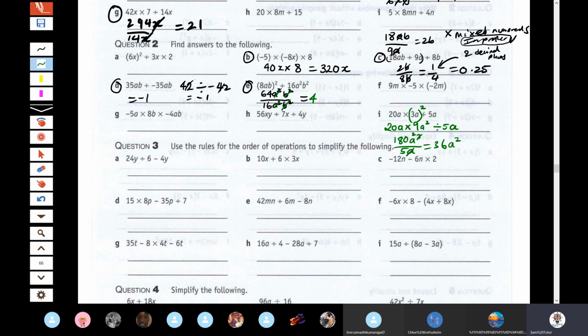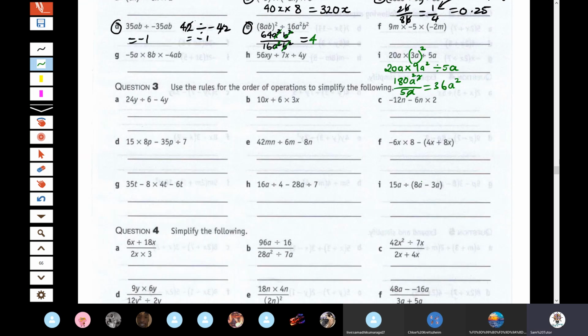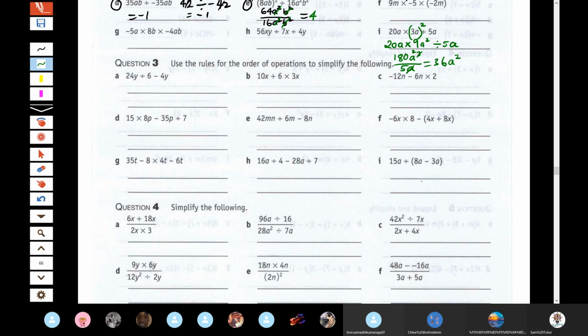Let me have a look. Use the rules for the order of operations to simplify the following. So I'll do the first column. You guys will try to do the second column. So the first column, we can see there's a division sign and a subtraction sign.